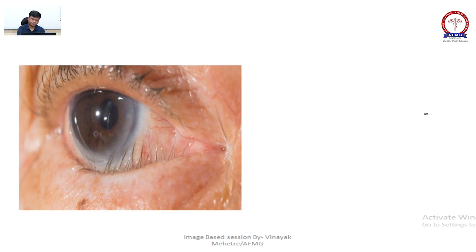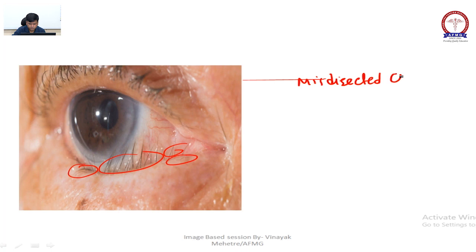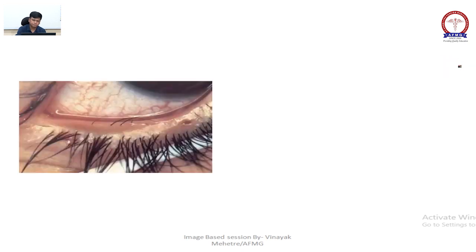Now, this one looks like misdirected cilia. It is called trichiasis. It has already been asked as a one-liner in your exam.